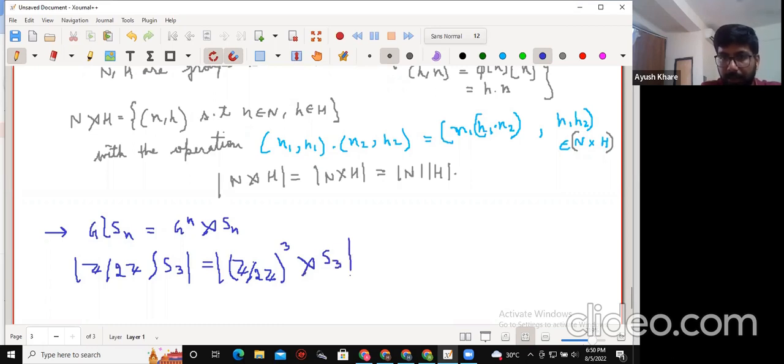Okay, and it is equal to the order of Z mod 2Z, order of Z mod 2Z cross S3, because as I said, they are the same.